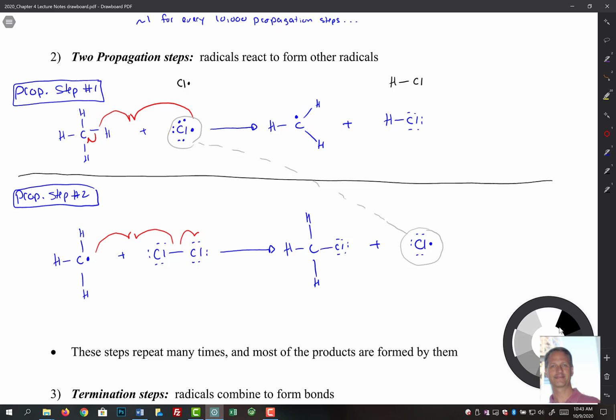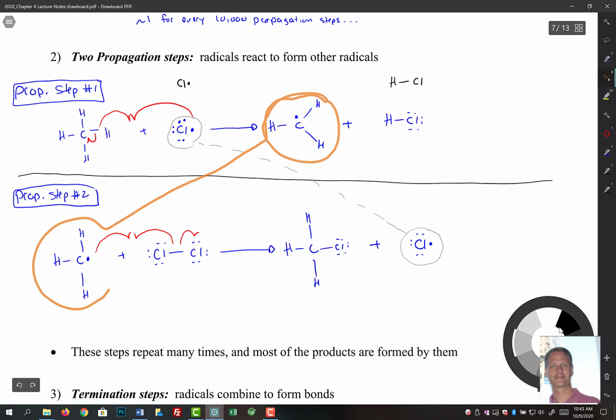So what happens is we get that first initiation occurring, make a radical, and then that radical comes over here and reacts and forms HCl and our methyl. That methyl comes down here in our propagation step number 2.